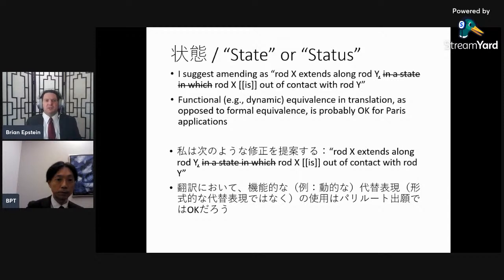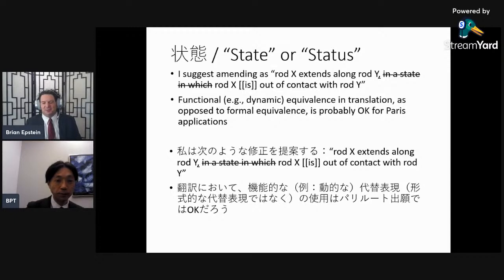When we get into PCT applications, I don't know that I've ever seen anything clearly taking a position as to whether formal equivalence is required. But I would definitely err more on the side of formal equivalence there. It's supposed to be the same application in every language.